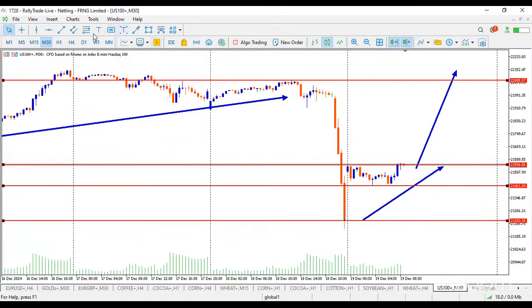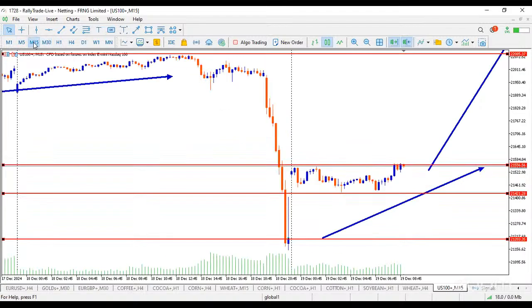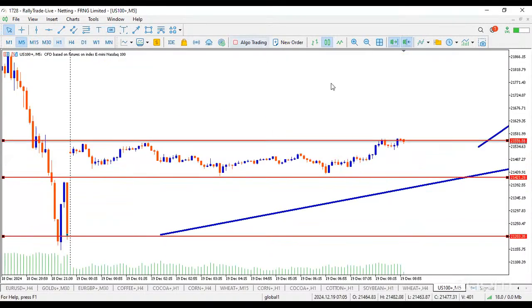But long story cut short, if you drive down to the 15 minutes or 5 minutes time frame, you can see that the instrument has given us a new high, higher than the previous high. So on this much lower time frame, you may want to be more precise with your entry, if you have small capital, as small as 200K. You want to look out for this fair value gap area.